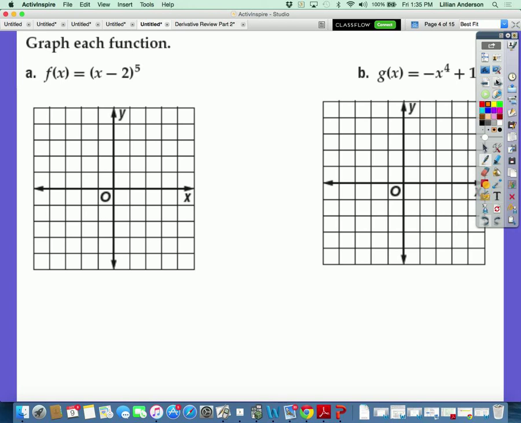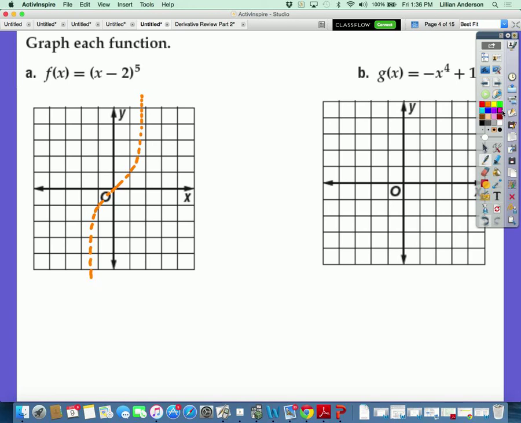Okay? And remember, pretend like I'm looking in the same direction you guys are. Very good. Yes, it should look like this, with the right side going up and the left side going down. Okay? Fifth power polynomials look very similar to cubics. But that -2 means what?